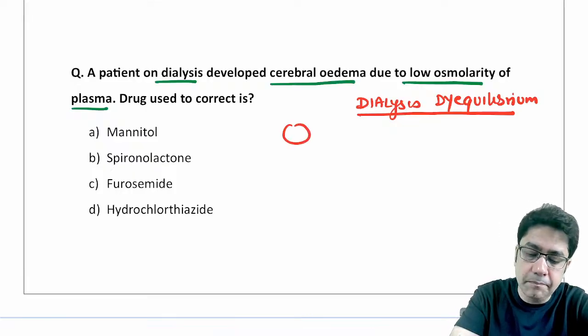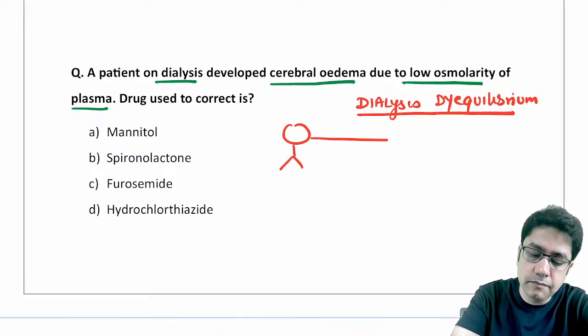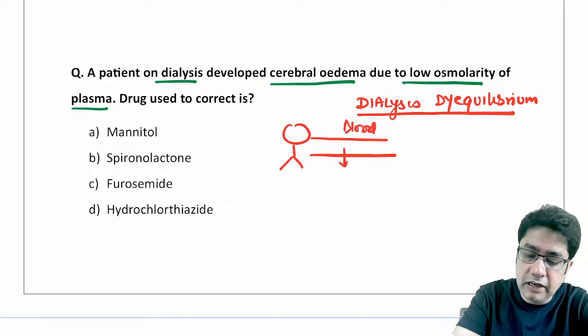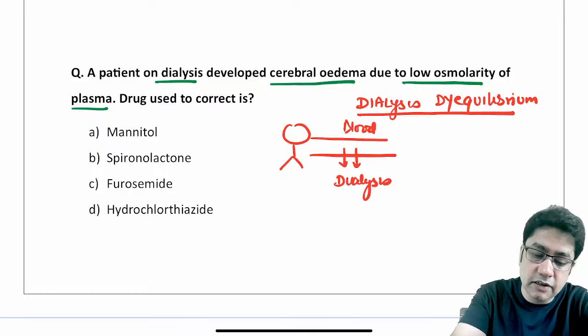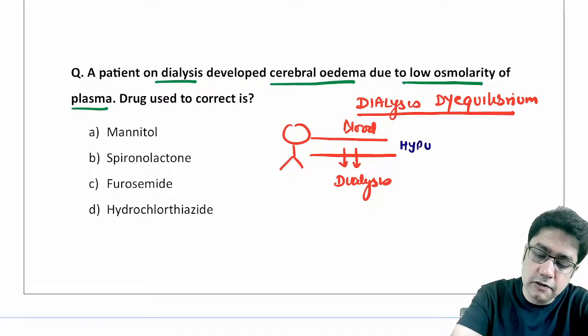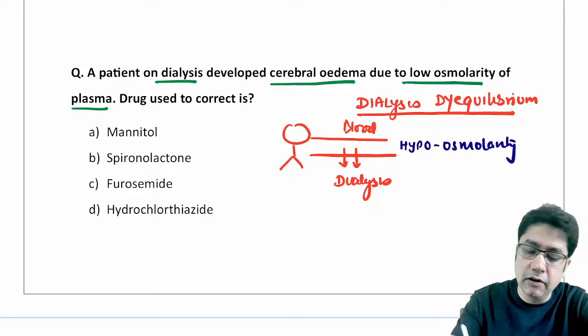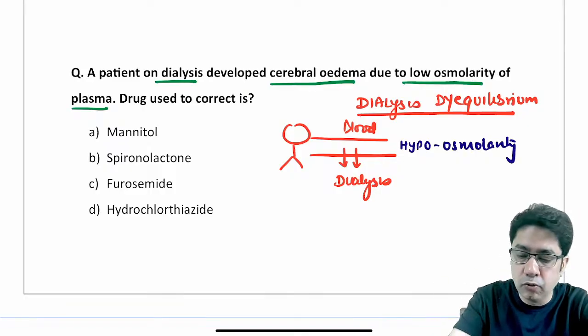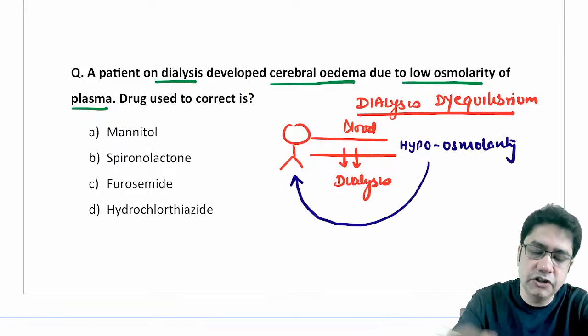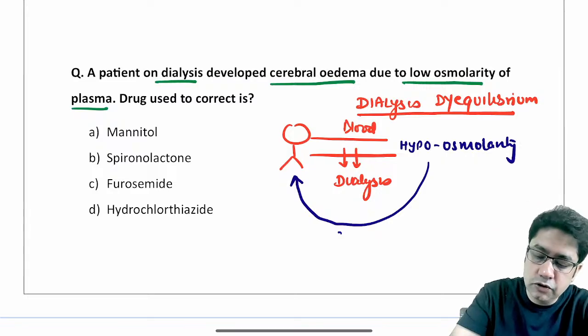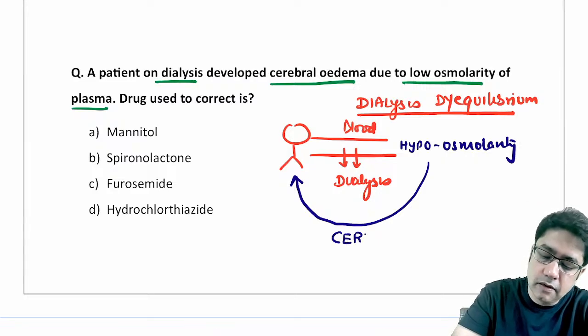Let's say you have taken the blood of a person out and you are filtering the blood through dialysis. Because of this, the osmolarity of the blood falls. There is hypoosmolarity. Now remember, when this hypoosmolar blood again goes to the patient, it will lead to cerebral edema.